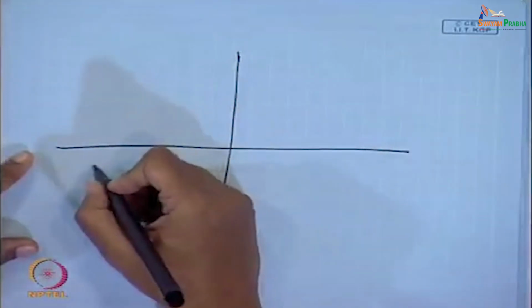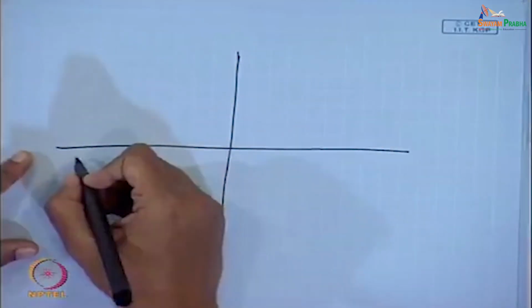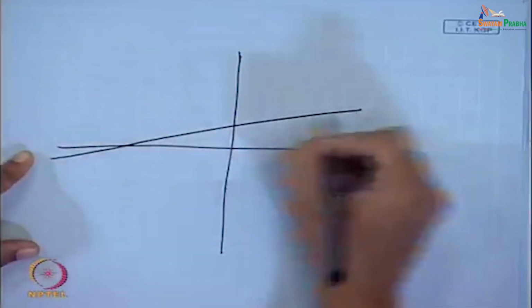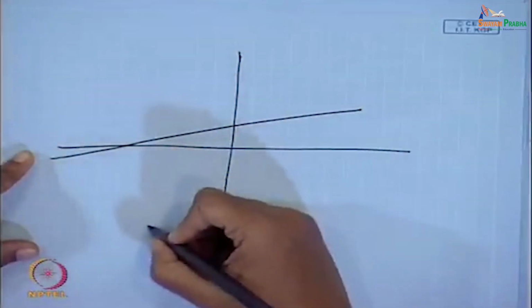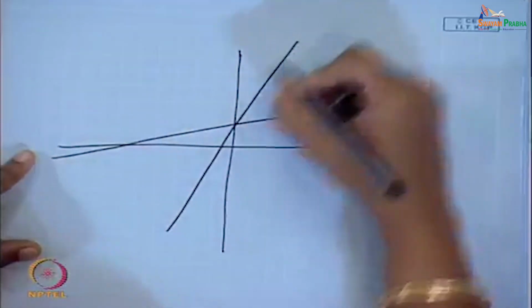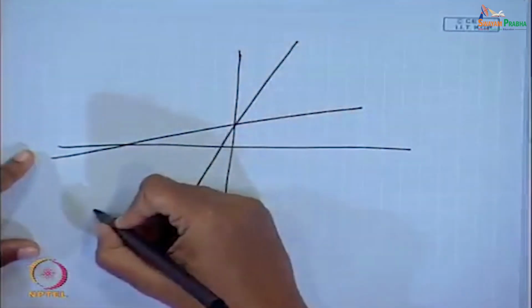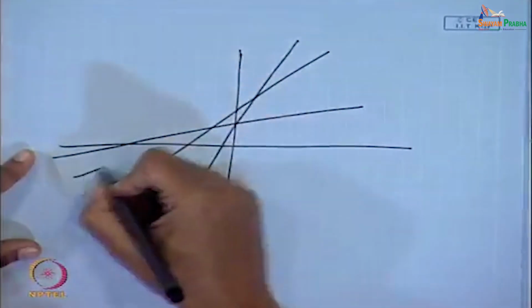For very low alpha, it is going to be something of this sort. For very high alpha, it is going to be something of this sort, and for lower cases you get something of this sort.